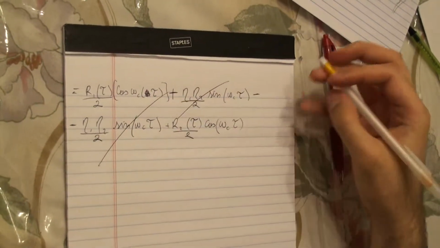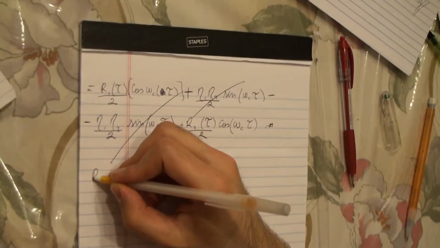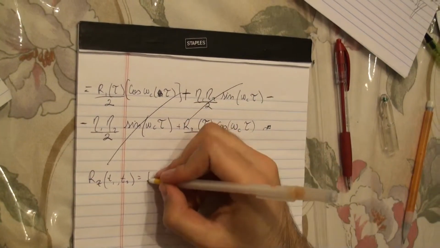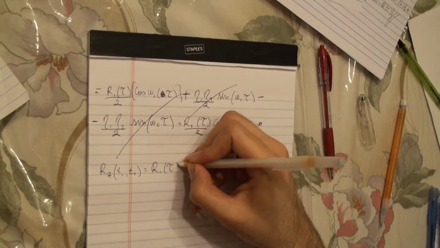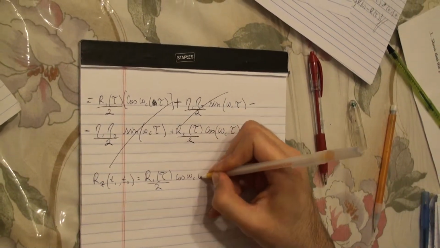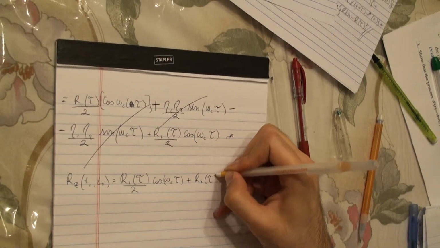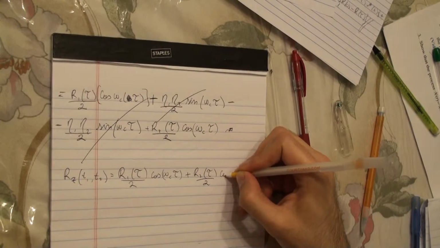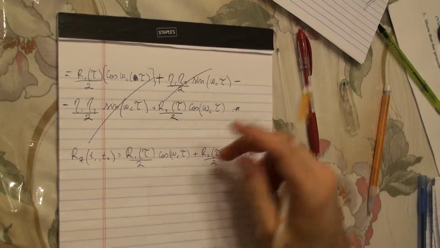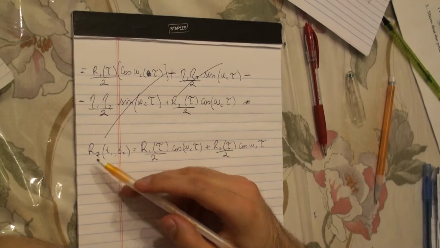This cancels with this. So we have the conclusion that Rz of T1, T2 is equal to R1 tau over 2 cosine omega c tau plus R2 tau over 2 cosine omega c tau.